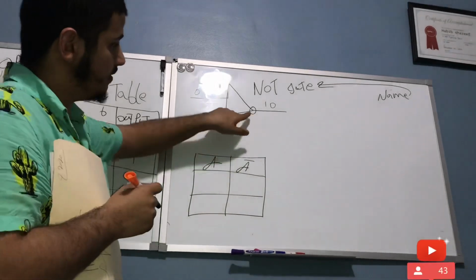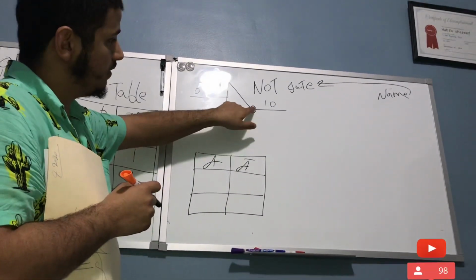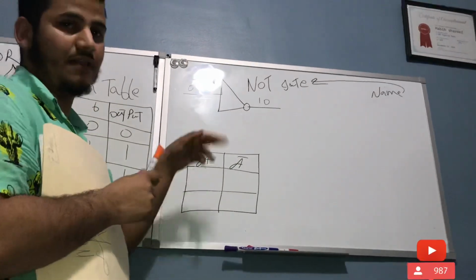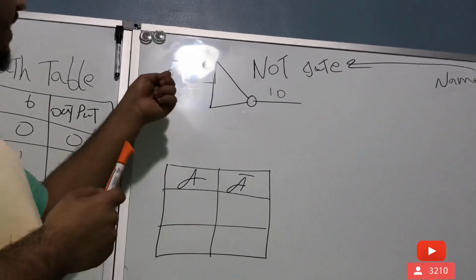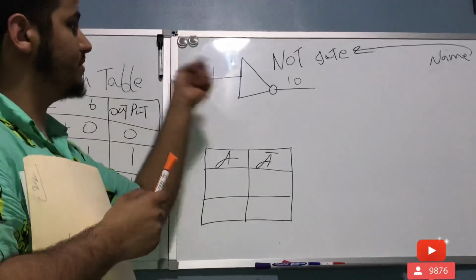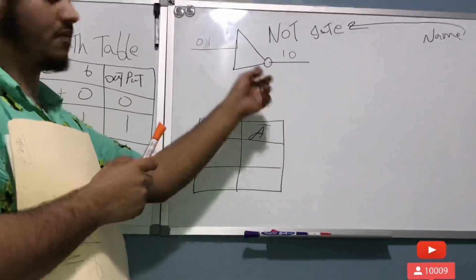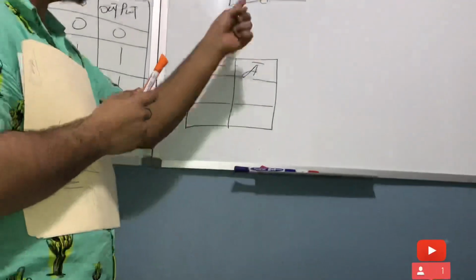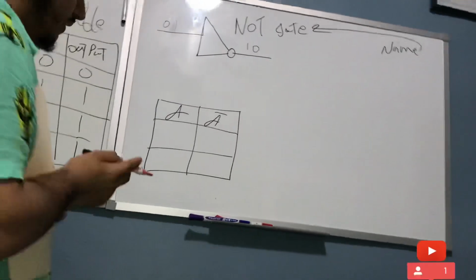It's this little circle in here. That's actually the converter. If it's 0, it converts from 0 to 1, from 1 to 0.